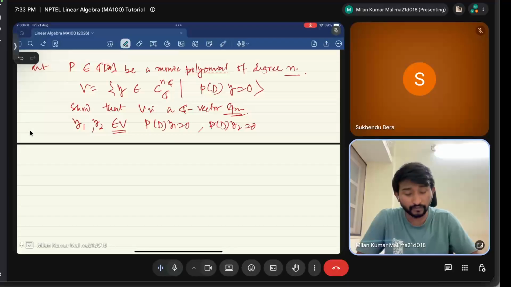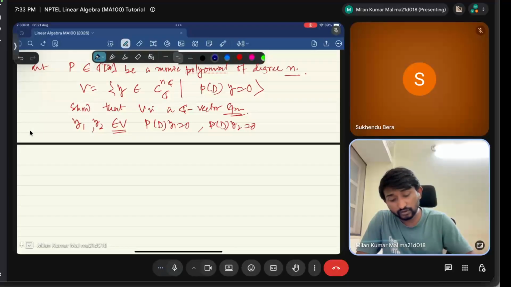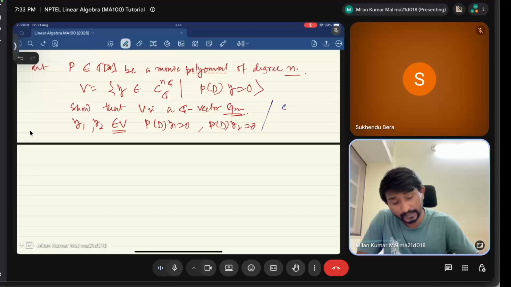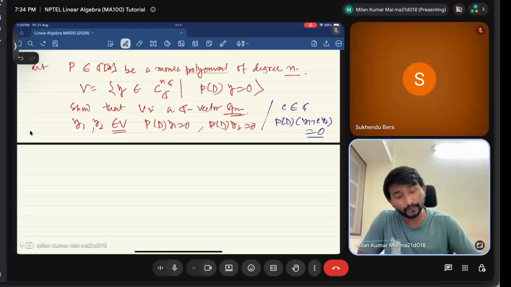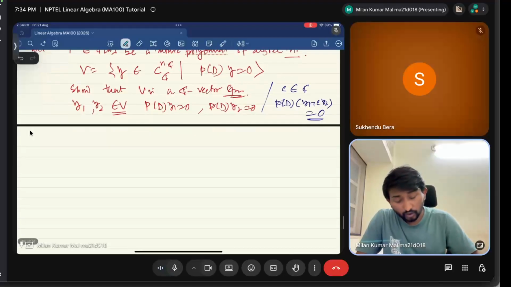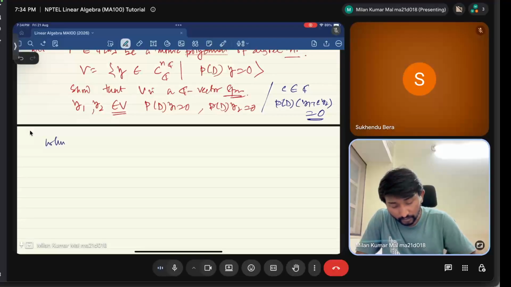P(D) is something I'm going to define. If c is any scalar from the field of complex numbers, then P(D)(y1 + c y2) is again 0. Why is this? What is meant by P(D) first of all?